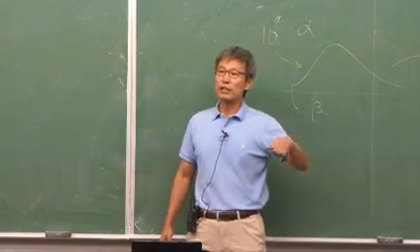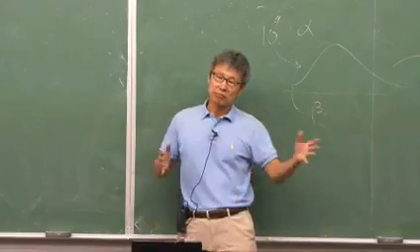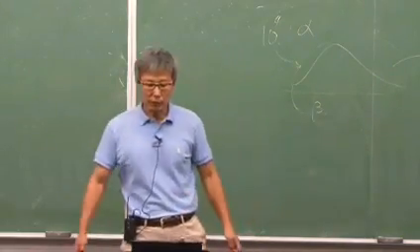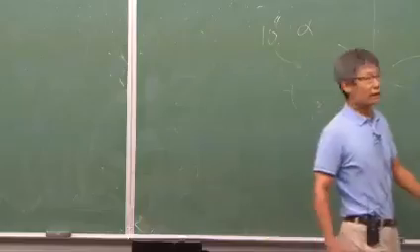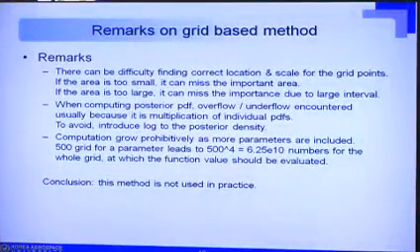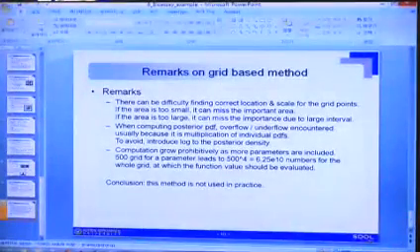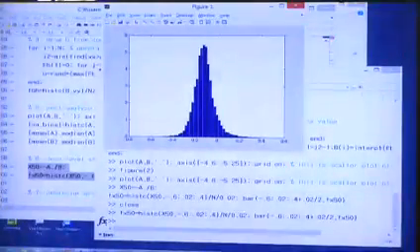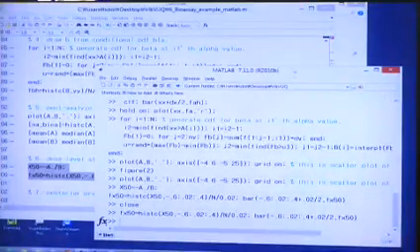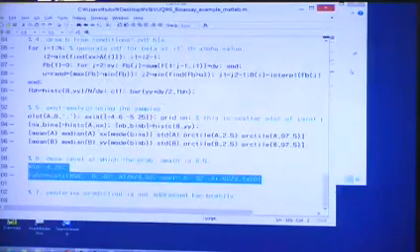And they are using another way, like introducing surrogates and reducing the number of computations. But this is the fact. So the grid method is not good. So from this time, I have to show you more efficient and modern methods for the simulation. So let's move to the other lecture note.